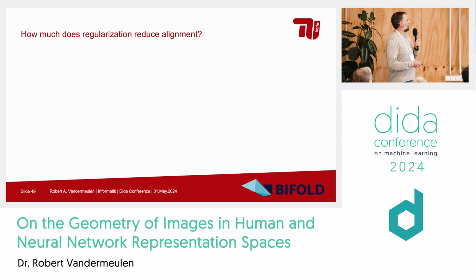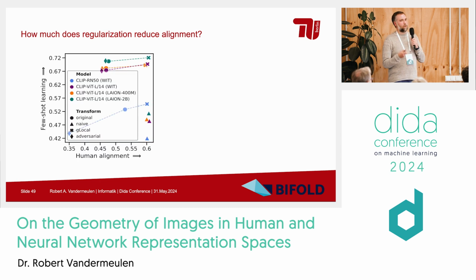How much does regularization reduce alignment? So the probed networks are the most aligned, but how much less aligned is a network using local? And so we have here, the dots are the original. So here's our performance in few shot. Here's human alignment. We have our original representations, naive and local.